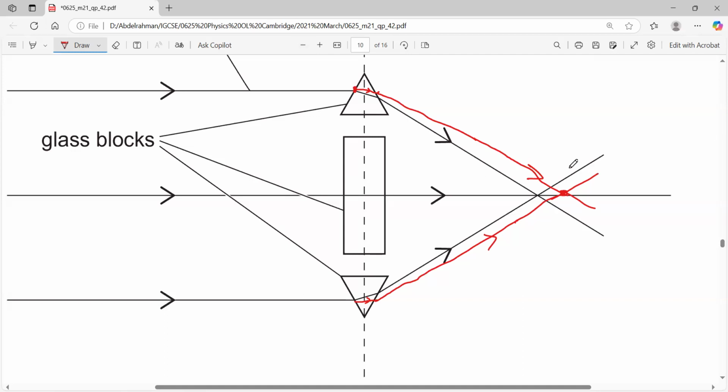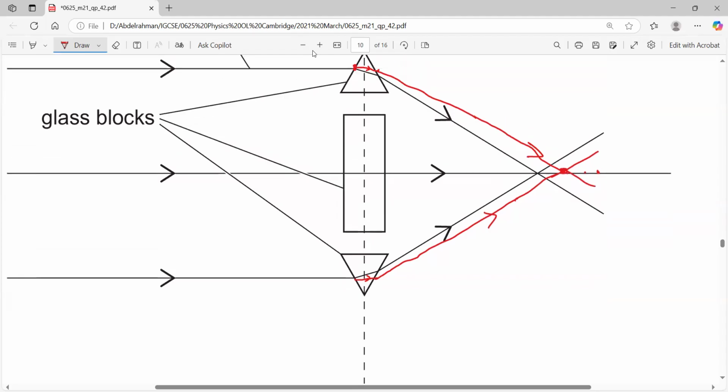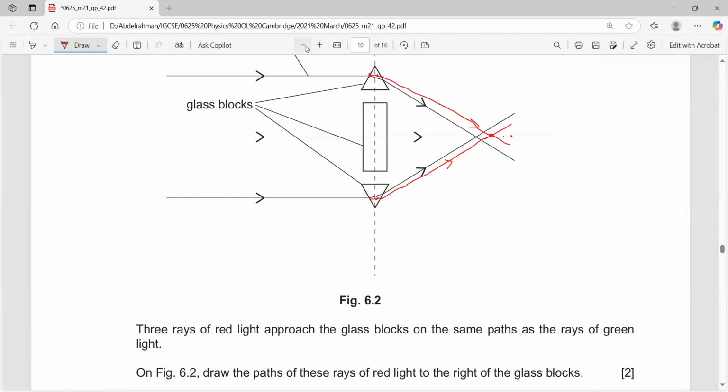Is it a must that your point of intersection is at the same distance as mine? No. Your point of intersection could be here, it could be wherever, but it has to be after the point of intersection of green.